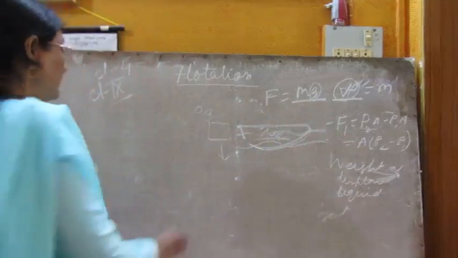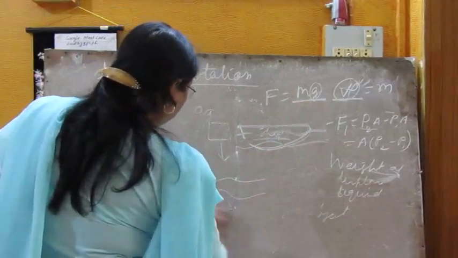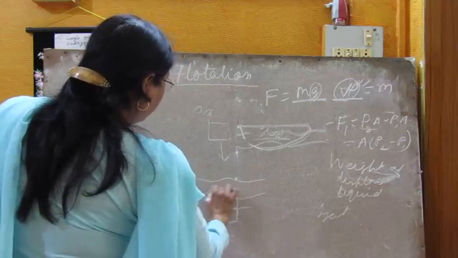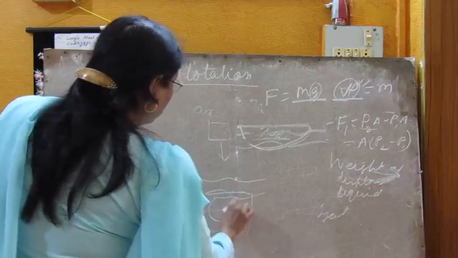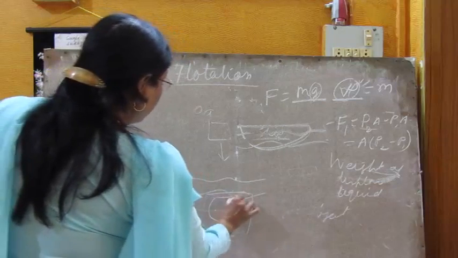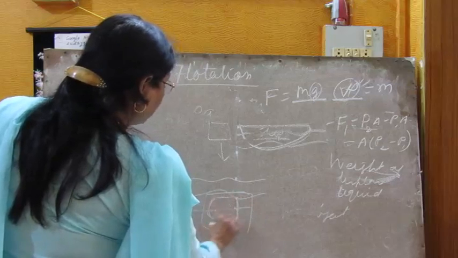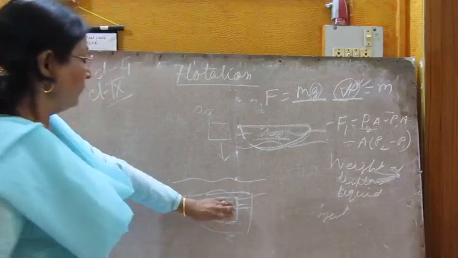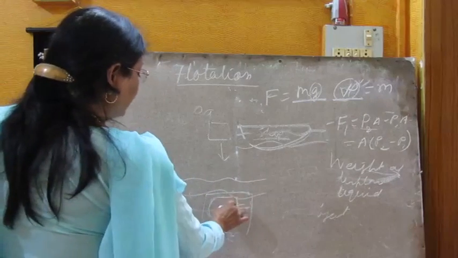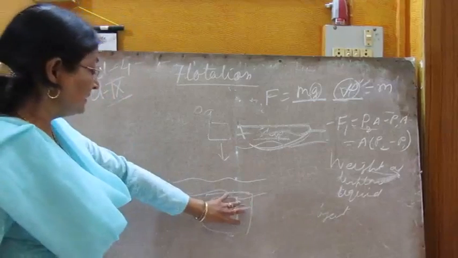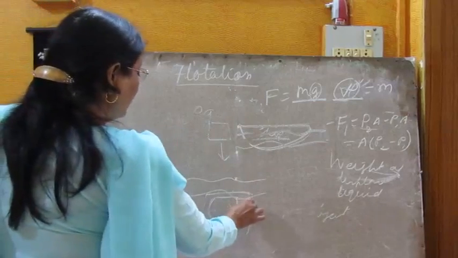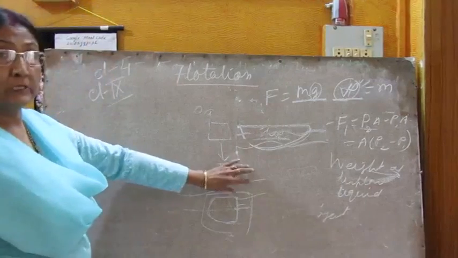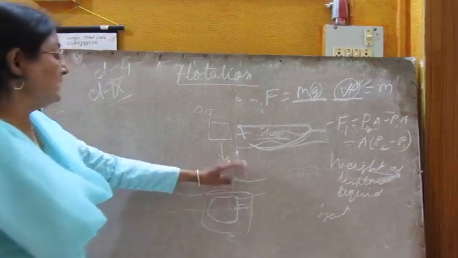Same thing with submarines. Submarines float inside the liquid. Here in the submarines, they have ballast tanks. What is the function of this tank? Suppose the submarine is floating on the surface of the water, and the pilot needs to go down.